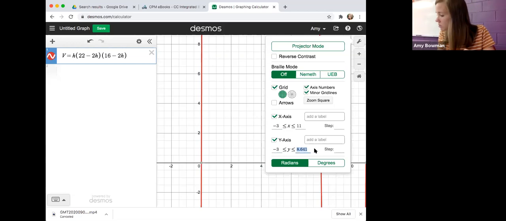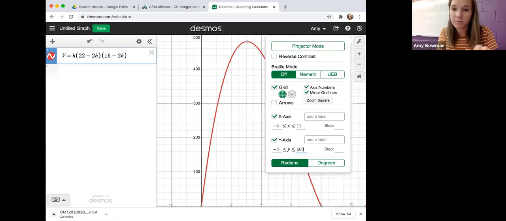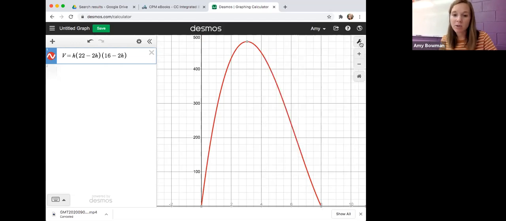And we said it went up to 500. There we go. Look at this. Now I'm looking at part of the graph that makes sense for the context. That should look pretty nice because that's what our graph looks like. So that's encouraging.